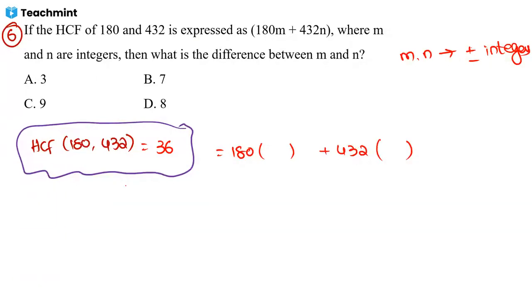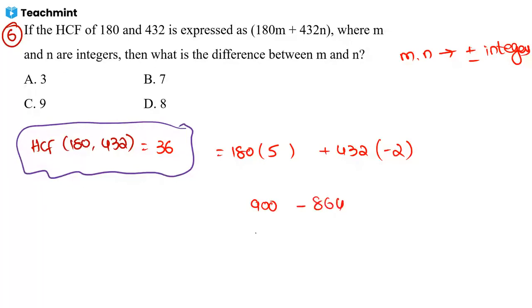Now let's try. If this is 2 times, it means 360, and here 1 time 432, the difference is not 36. Likewise, we have to do trial and error. This is 4 times, 720. This is 5 times, 900. If you do 5 times here, and minus 2 times there, for example, this is 900 and this is minus 864.